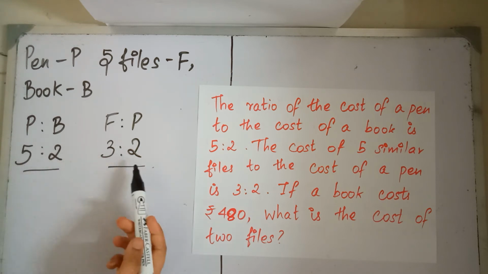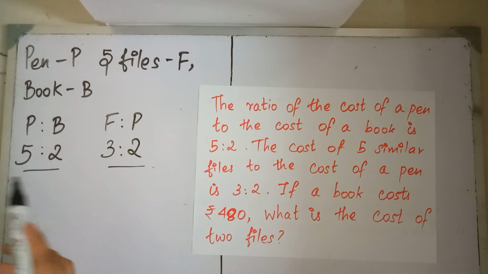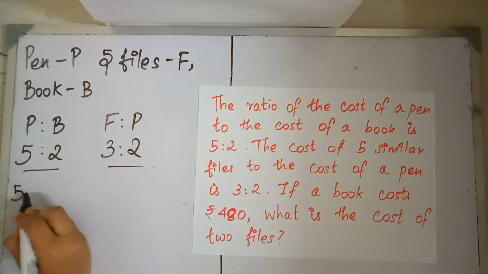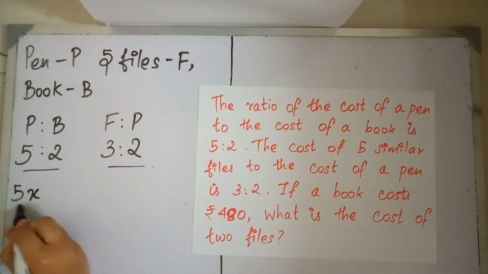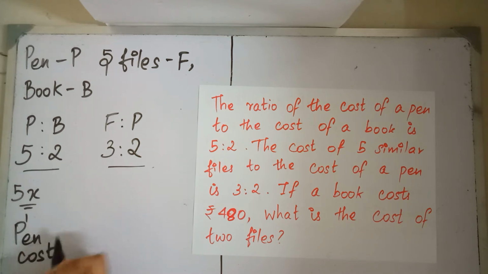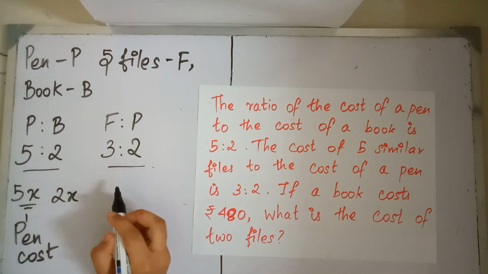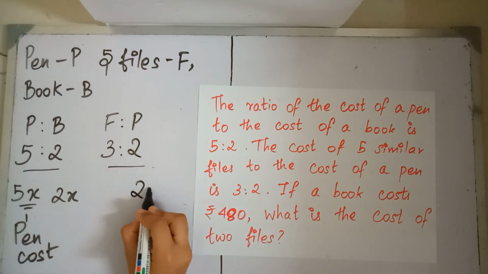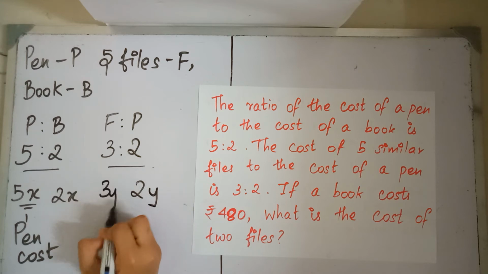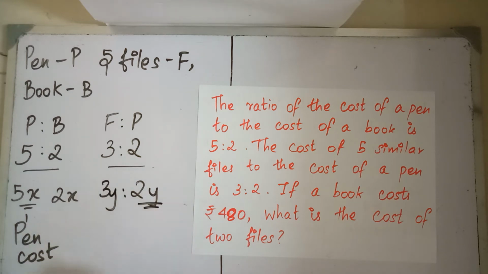The cost of the pen in both cases is the same, but here it's represented as 5x pen cost, and the book cost is 2x, and in this case it's represented as 2y and 3y. 3y is file, this is the pen cost. So in both the cases the pen cost is the same.